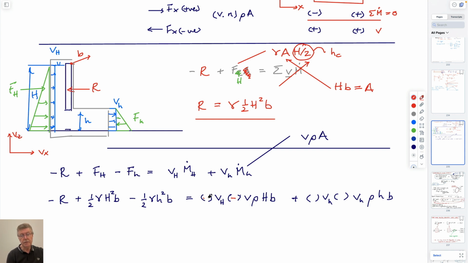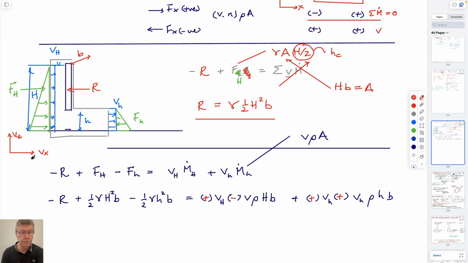So this is b, positive. This would be the mass flow rate, which is a dot product. This term here is out of the control volume, so it is the unit outward normal. So this would be positive because it's out. And this would be positive because it's in the direction of the coordinate system. So hopefully that makes sense.